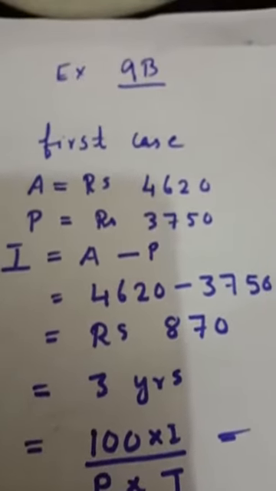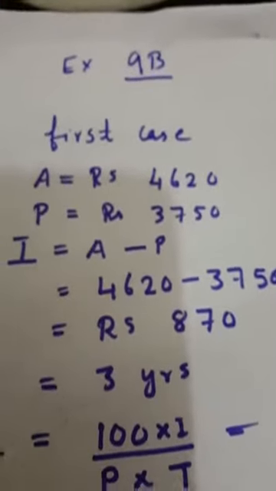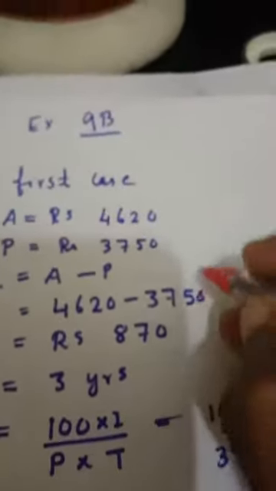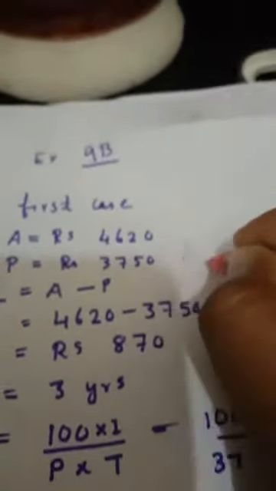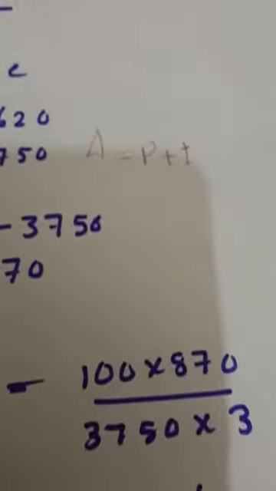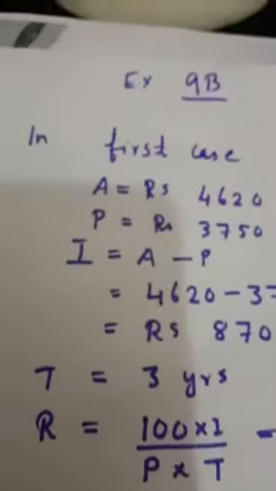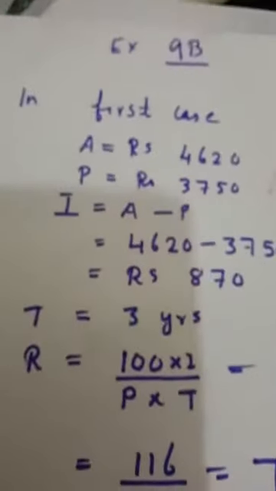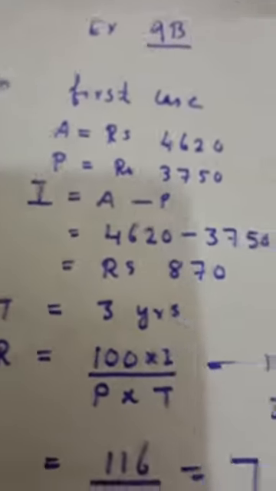Interest is equal to amount minus principal, because amount is P plus I. That's why I is equal to amount minus principal.